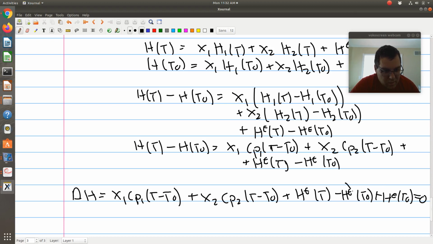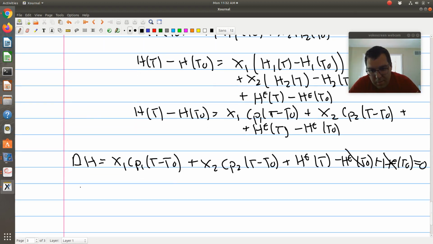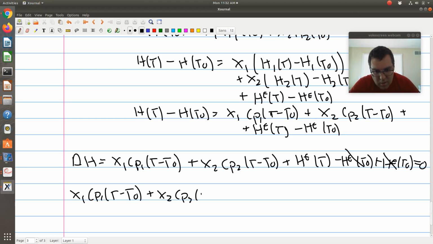Technically these two HE at T naughts cancel, and I'm left with x1 Cp1 times T minus T naught plus x2 Cp2 times T minus T naught plus HE at T is equal to 0.